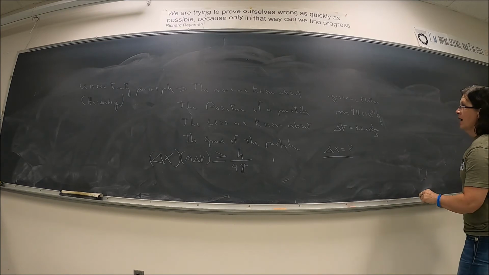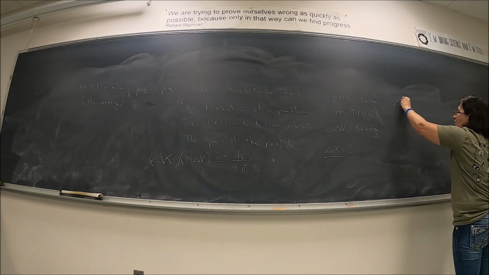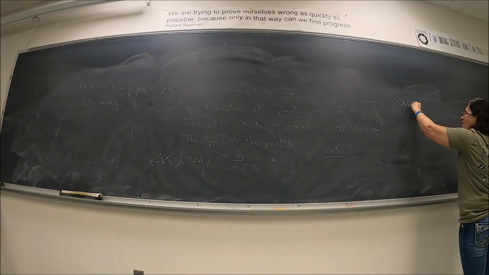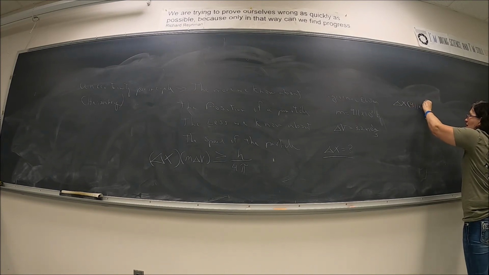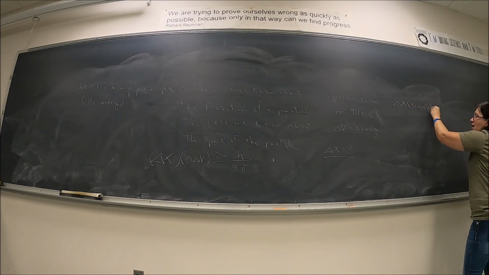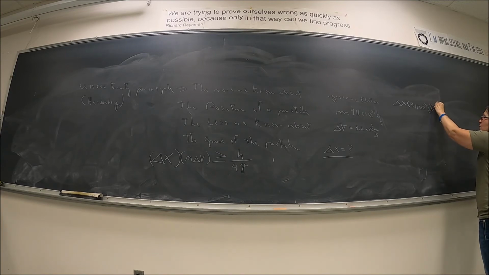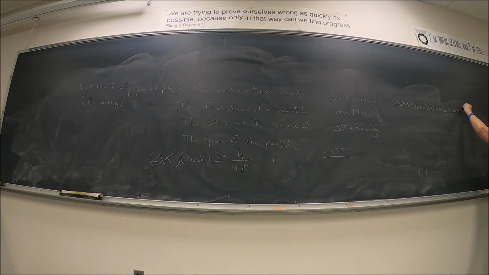All I have to do is plug into the equation. Delta x times the mass, 9.11 times 10 to the minus 31 kilograms, times the uncertainty in speed, 3.2 times 10 to the 1 meters per second, has to be greater than or equal to 6.626 times 10 to the minus 34 kilograms meters squared over seconds over 4 times 3.14159.